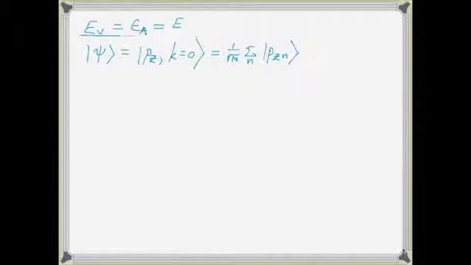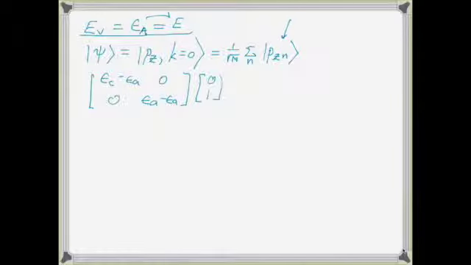The valence band edge is sitting entirely on the p orbital of the anion. And to go back to our Hamiltonian, again, I have this EC, and I put in this value for E, so EC minus EA, 0, 0, EA minus EA, which just gives me another 0, times the eigenstate, which is now 0, 1, which equals 0.